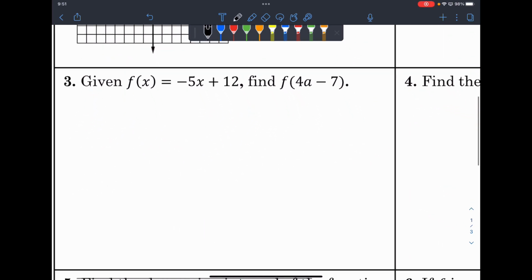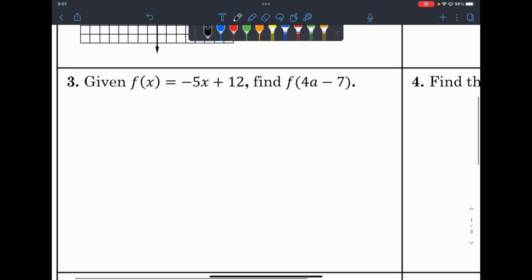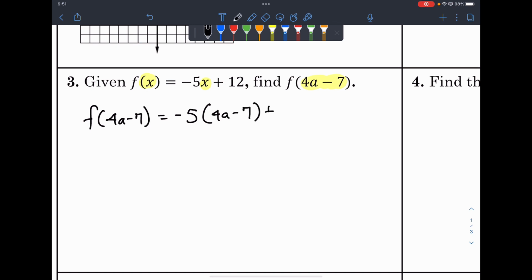Now for problem number 3, we want to evaluate this function given that f of x is equal to -5x plus 12. We want to find f of 4a minus 7. So what that means is that we are going to replace this x with 4a minus 7. And that would give us that f of 4a minus 7 is -5 times 4a minus 7 plus 12.